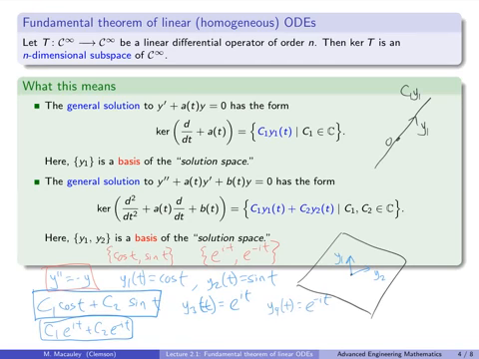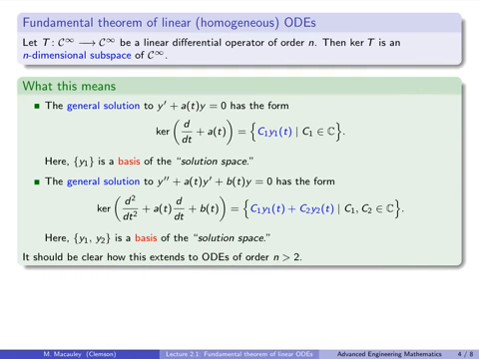And in fact, any two solutions to this ODE that are non-scalar multiples of each other are a basis as well. So here's another basis, cosine of t and e to the it. So we'll do more on this later, especially in the next lecture. Hopefully, at this point, it should be clear how this all extends to ODEs of order greater than 2.